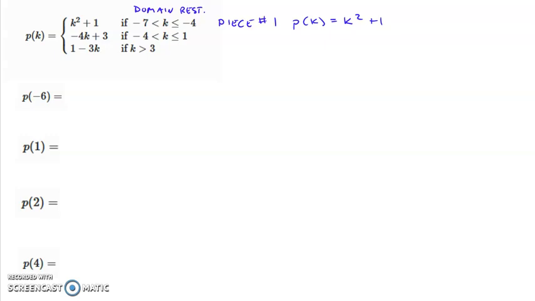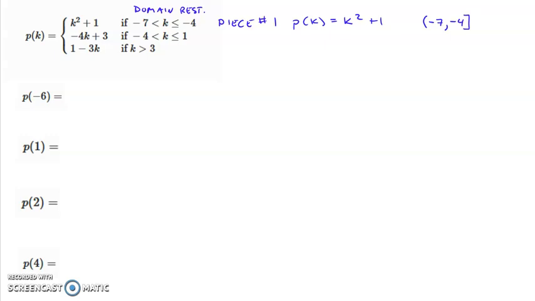So we're only going to be using this piece for values of k between -7 and -4, and you'll see that we're allowed to use it when values are equal to -4, but not with a value that is equal to -7. So I'm going to go ahead and write this with interval notation just so we can see it in both formats. Okay, so everything from -7 to -4, including the -4, is part of our domain restriction for that piece.